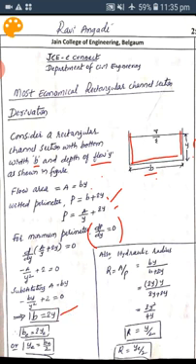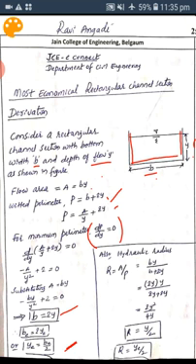That is, the width of the channel section should be twice the depth of flow, or the depth of flow should be half the width of the channel section. This is the first condition.